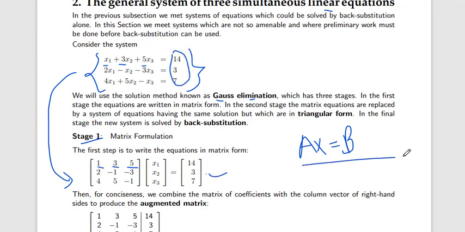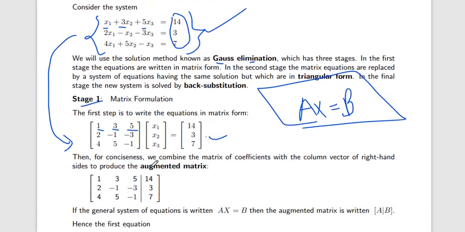Second, this is the augmented matrix, where we remove the column matrix to make our calculation easier. This type of matrix is called an augmented matrix.